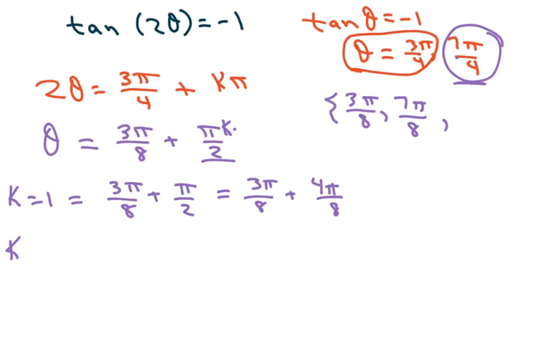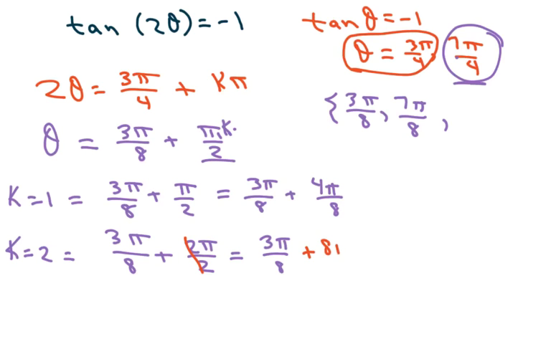Now let's let k equal 2, and we'd get 3 pi over 8 plus 2 pi over 2, which would give us 3 pi over 8 plus 8 pi over 8. And that gives us 11 pi over 8. And let's go ahead and let k equal 3.